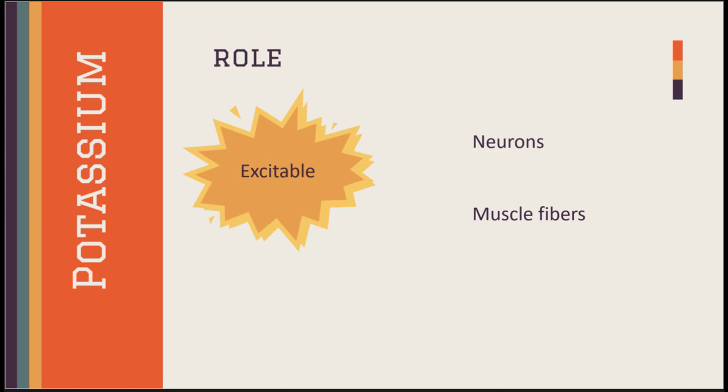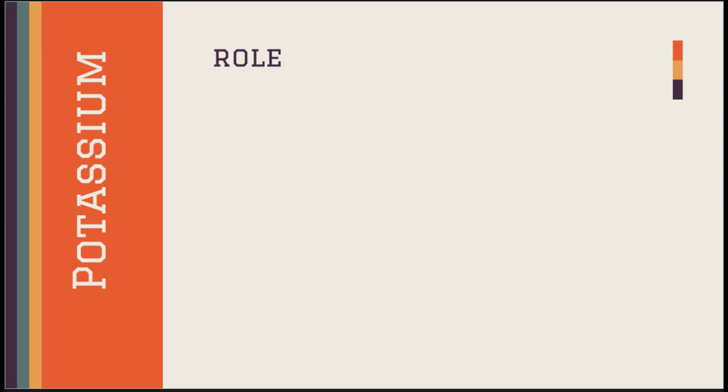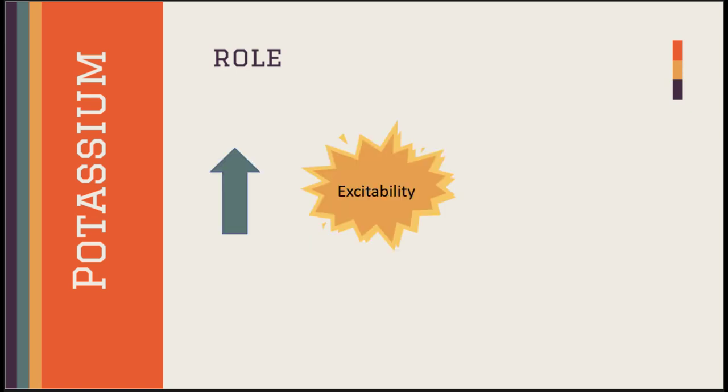Potassium is an essential element in action potentials or impulses in these excitable cells. Therefore, potassium plays a key role in nerve conduction and muscle contractility. The simplest way to think about this concept is that hyperkalemia will cause increased excitability in excitable cells.